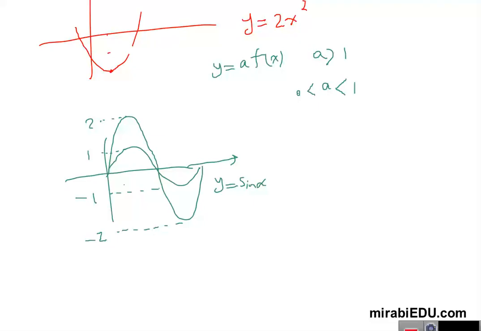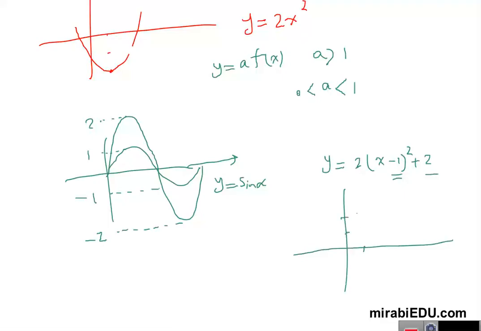Let me say one final example. For example, if we have 2 times (x minus 1) squared plus 2, the vertex goes 1 unit to the right because of this, and 2 units up because of this.